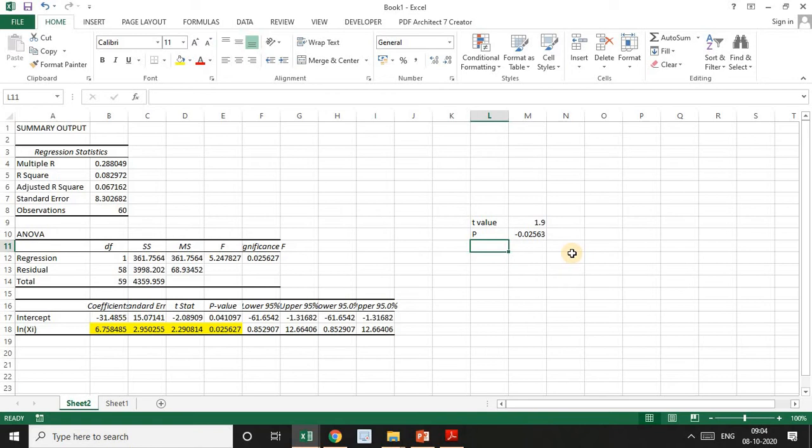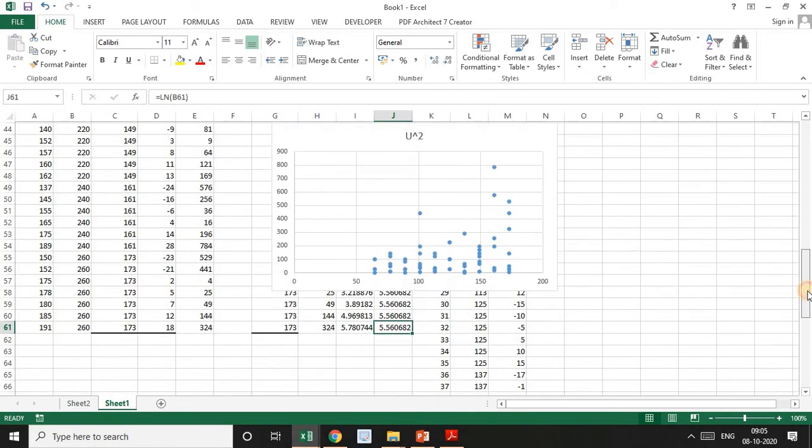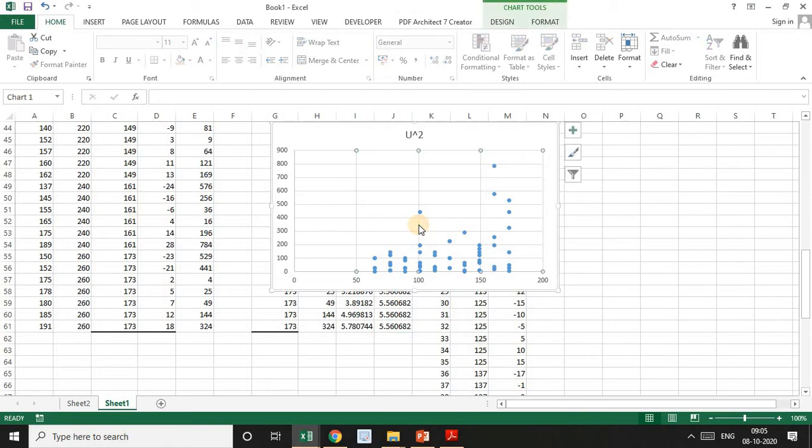So what we have to assume here is that the slope coefficient is significant, and because of this we have to say that there is a possibility of a heteroscedasticity problem in this data. But when you look at the graph, we cannot observe any pattern, still there is a problem of heteroscedasticity.